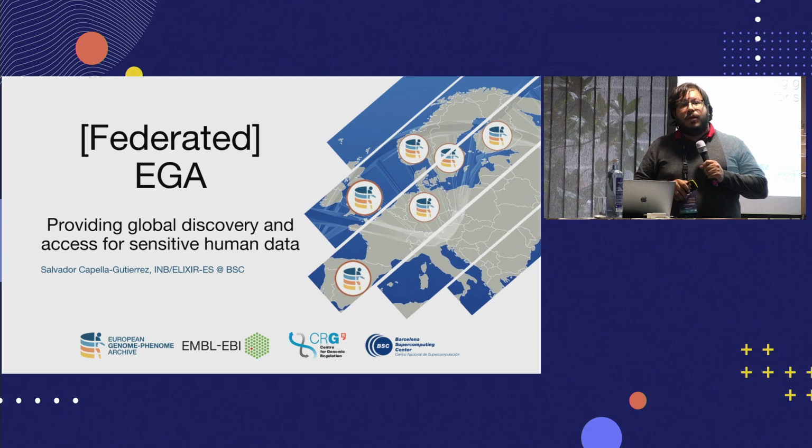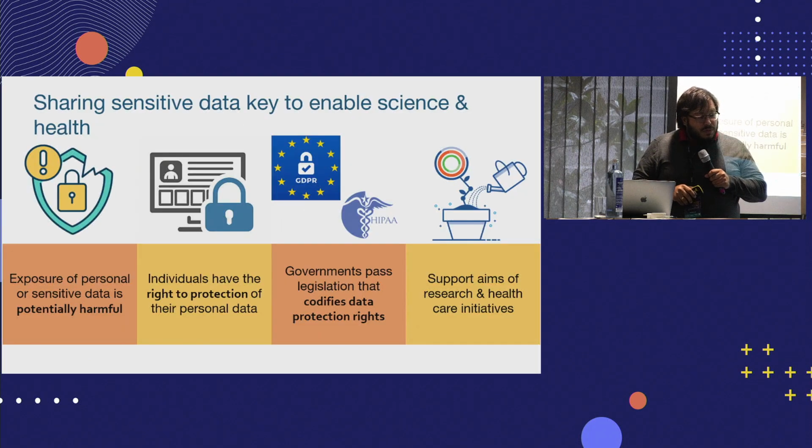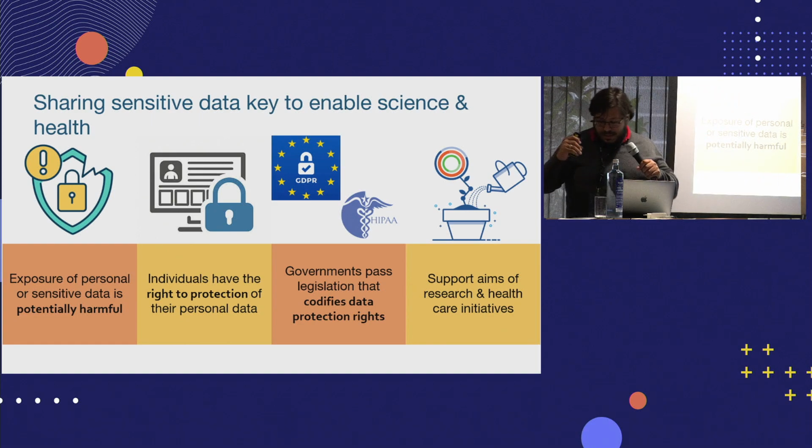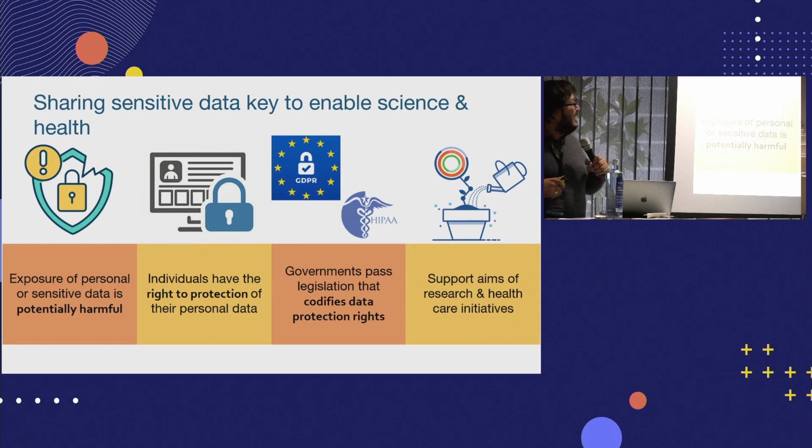When we're talking about genomics data, what we want to make sure is that we share sensitive data to enable science and healthcare, but also that rights are respected. So when we're talking about controlling access to sensitive data, we want to control how much the data is exposed under which conditions.